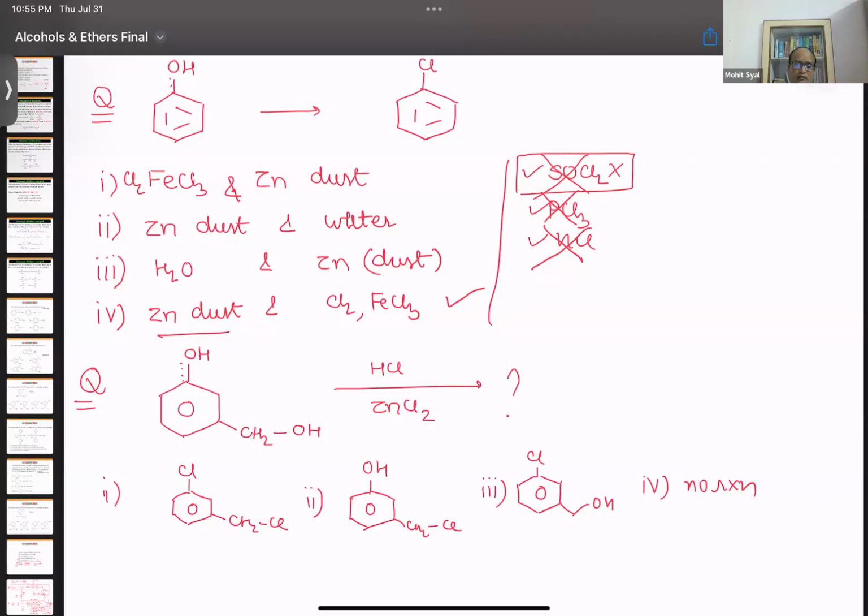So this is Lucas reagent, and it reacts with the normal alcohols. When this is Lucas, it is going to react with the normal OH group, but not with the phenol, which is very difficult to replace. So the OH of phenol is not replaced, only the normal aliphatic alcohol is replaced.